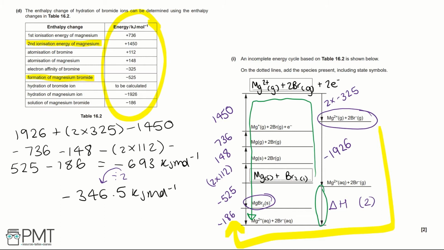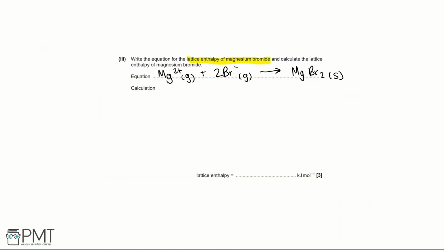So doing the calculation, that's going to be minus 1926 plus 2 times minus 346.5, because that's what we calculated in the previous question, and we're multiplying by 2 because 2 bromines. And then we're going to add 186 because the arrow is going in the opposite direction. So that's going to equal our lattice enthalpy, which we can then transfer the calculation onto here.